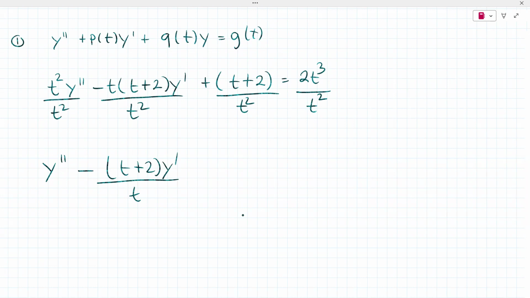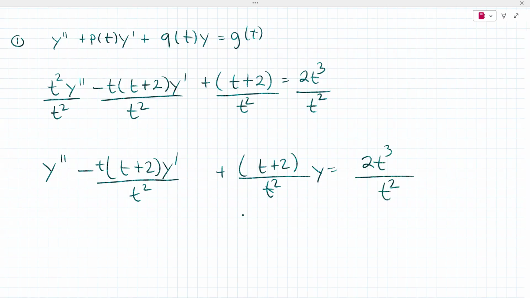Or you could just leave it as it is. We can clean that up a bit. So what is my g of t? Wait, I guess we can clean this up.